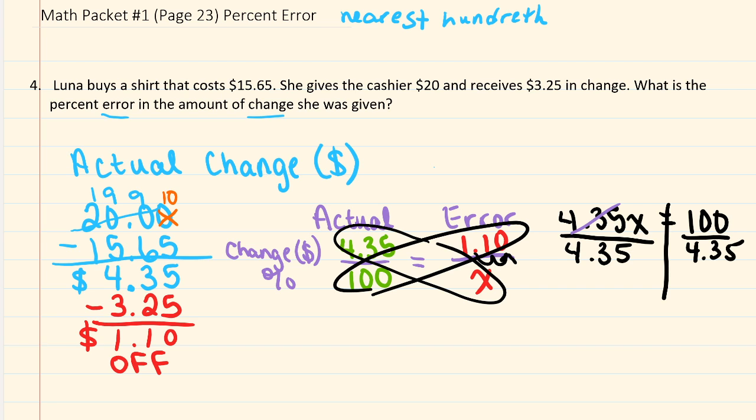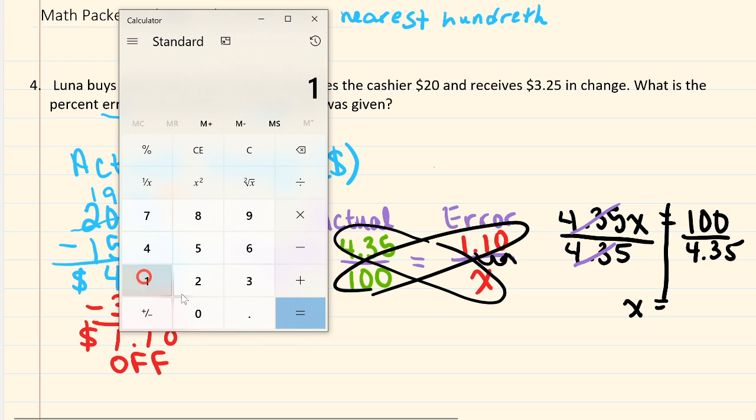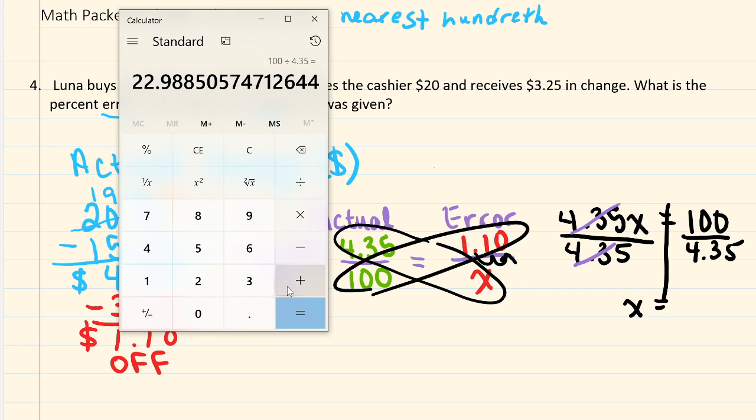So these two things are going to cancel each other out, the multiply 4.35 and the divide. So now I'm left with, type this in the calculator, 100 divided by 4.35.